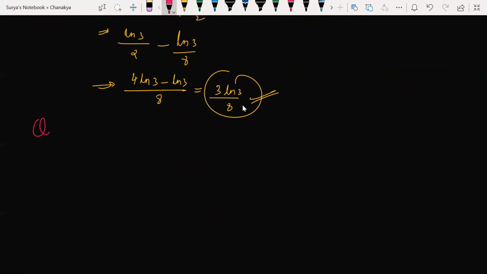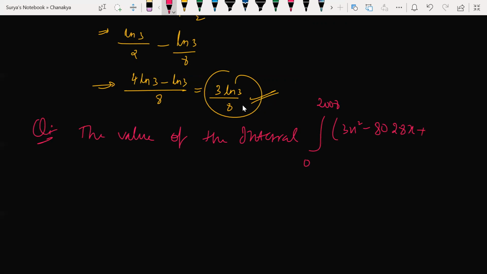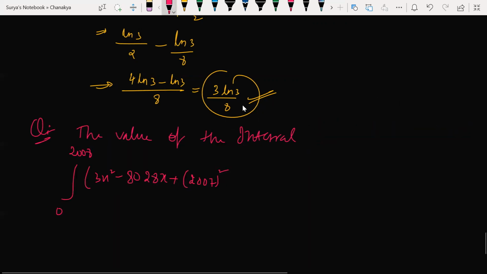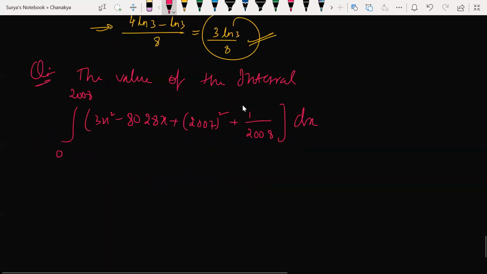Next question. The value of the integral. This is quite interesting question, previous year JEE question. 3x square minus 8028x plus 2007 whole square, plus 1 by 2008 into dx.